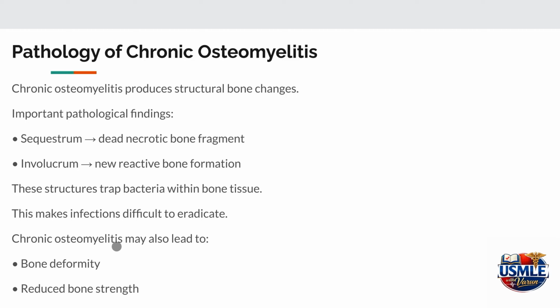But because the infection becomes trapped within a bone, there's a possibility that it might infect the entire bone, might spread to the joints, or might spread to the surrounding soft tissues or seed hematogenously. So anything might occur. Long-term treatment with antibiotics and sometimes surgical removal of the infected bone may be required in cases of chronic osteomyelitis.